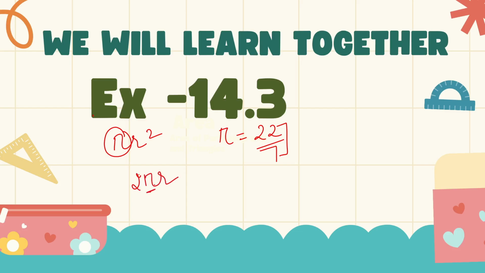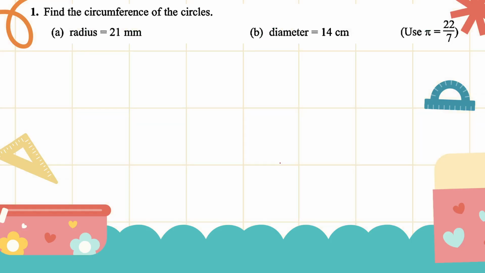Here again we are using pi as 22/7. Otherwise we also use pi equals 3.14, but this we will use in higher classes, not mostly in 7th class. If in any sum there is need of pi equals 3.14, then only we use it. Otherwise, if the radius or diameter will cut with 7, then we use 22/7 for easy cutting. Let's start the first sum.